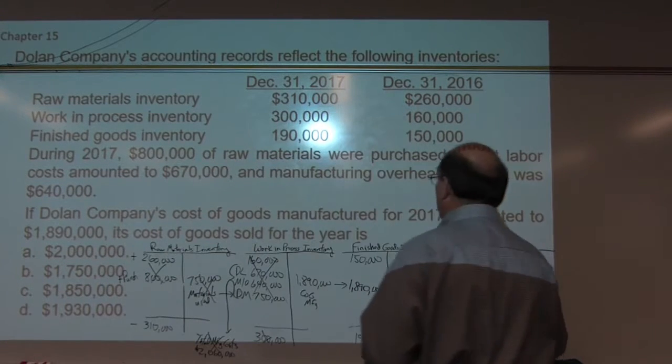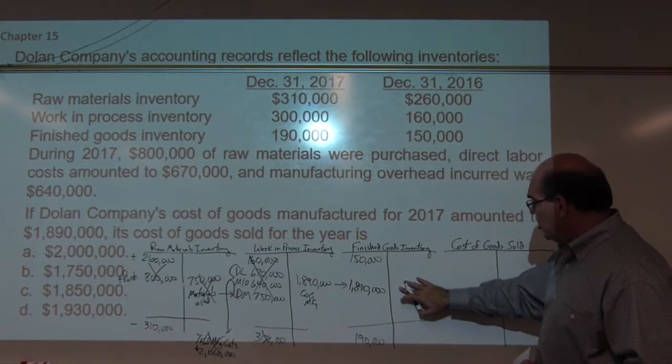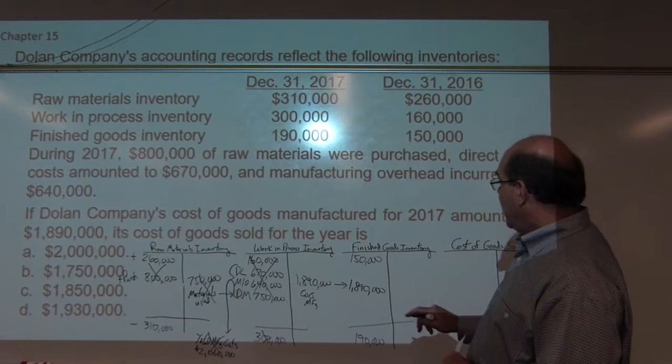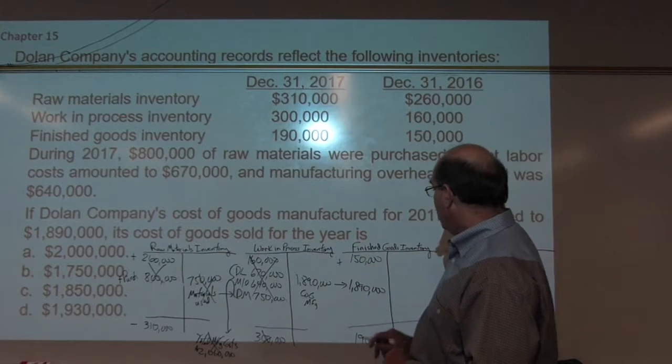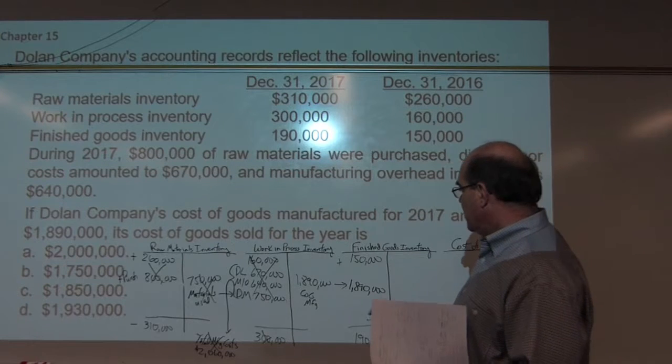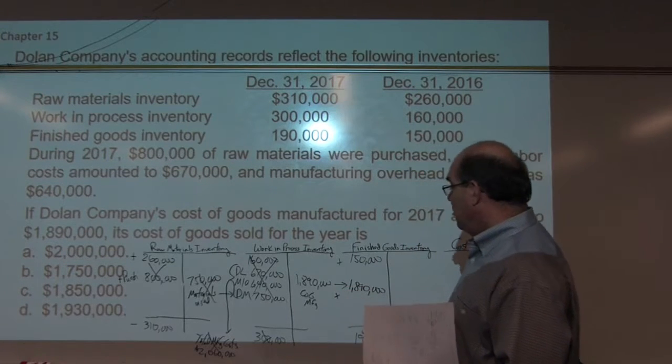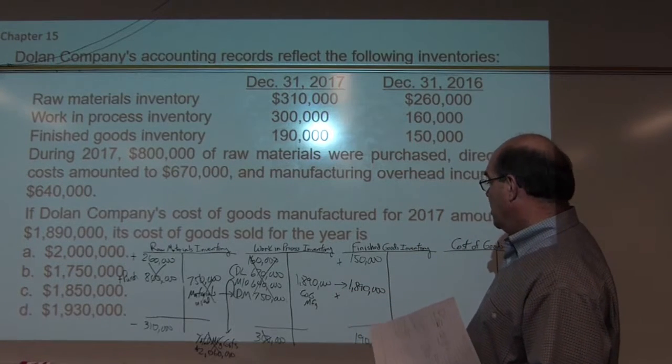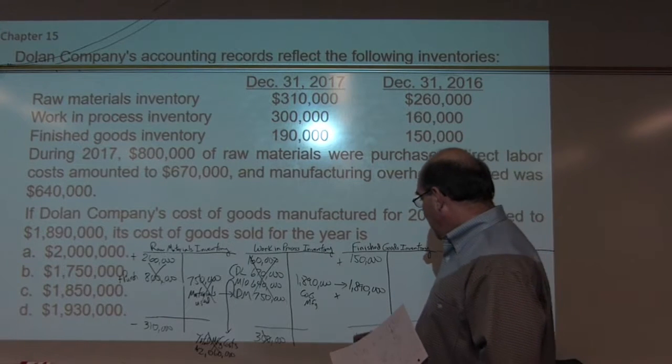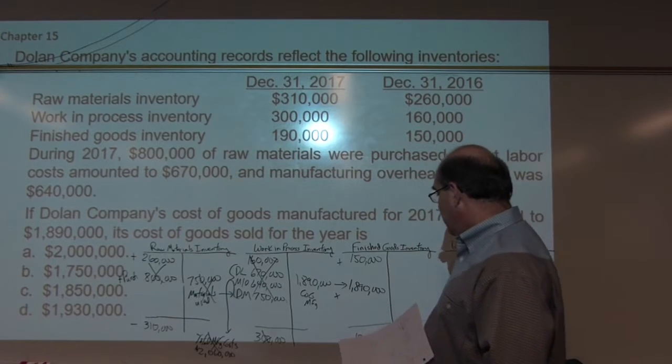So again, if I want to know what got transferred out, what this number should be to move over, I'm going to say I started with $150,000 worth of materials in our warehouse. I worked on and finished $1,890,000 worth of new materials that were finished and transferred out. And in my warehouse at the end of the period, I only had 190.